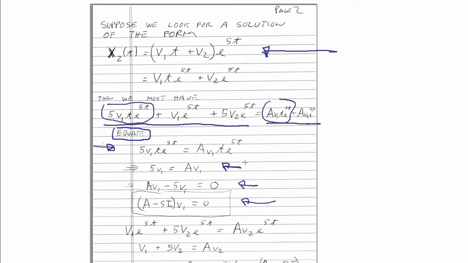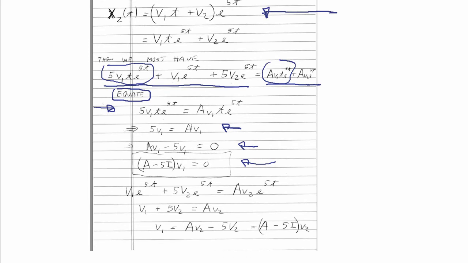Okay, but looking further at the next part, if we equate all the stuff with just e to the 5t in it, we get this equation right here. Now dividing by e to the 5t, we get this equation.